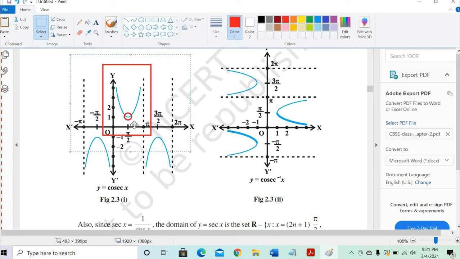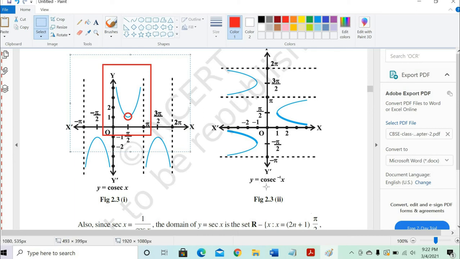When you go in the clockwise direction. So sine will be negative in both quadrants, but the curve will be the same. From 0 it will start coming from minus infinity to minus 1, and then again goes to minus infinity. Can you see that? Yes. Clear? Yes, sir. Excellent.